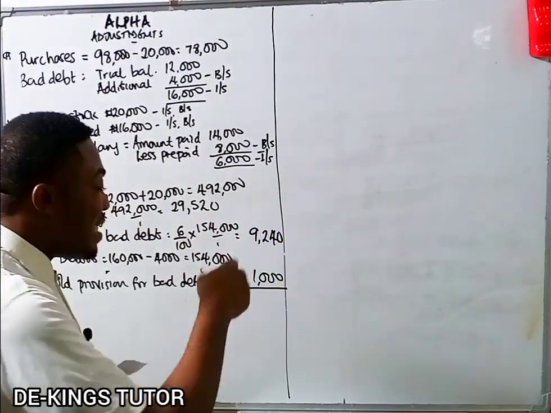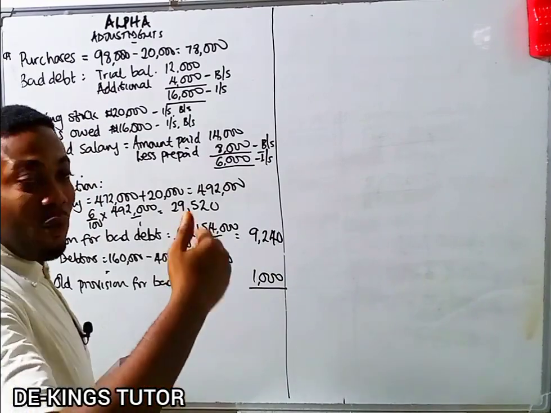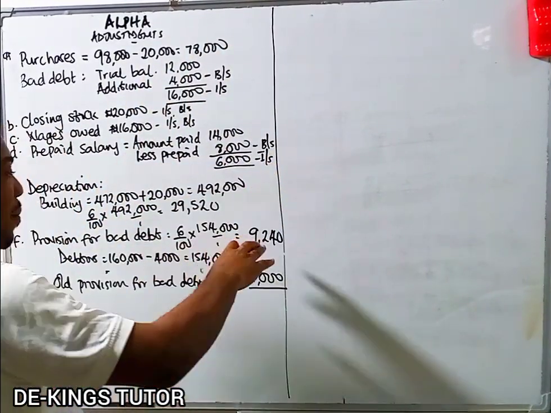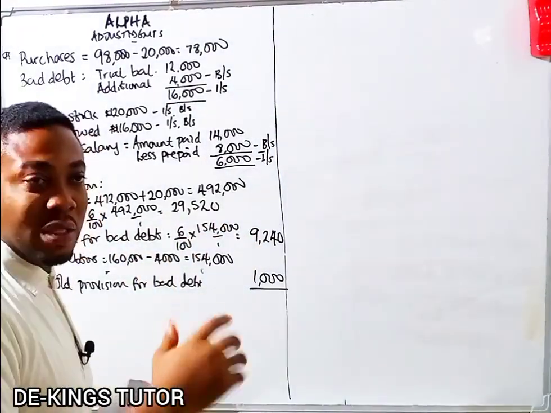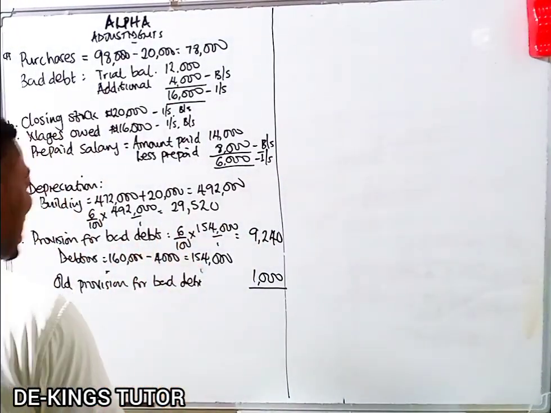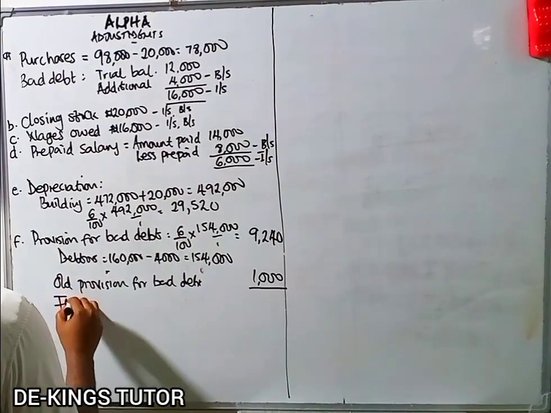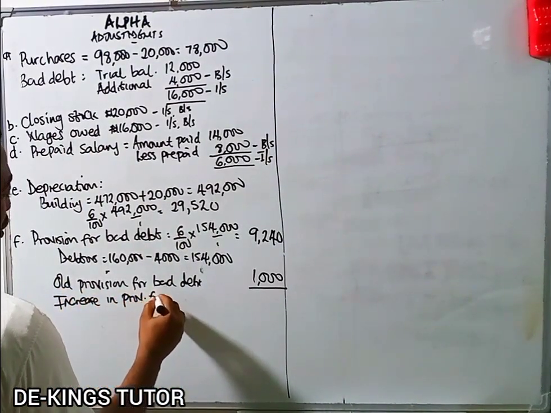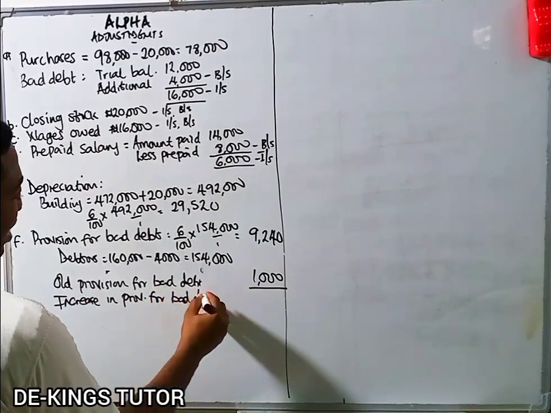Now look. If old is 1,000 and the one you calculated now, the new one, is 9,240, what happened? It means it increased from 1,000 to 9,240. So there's a high probability of bad debt to occur. That's why we're going to put more money. So that's an increase in provision for bad debt.